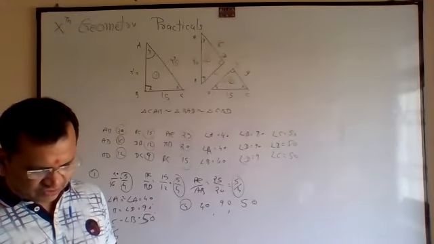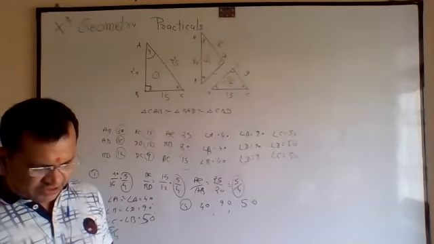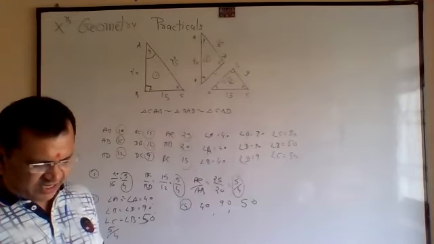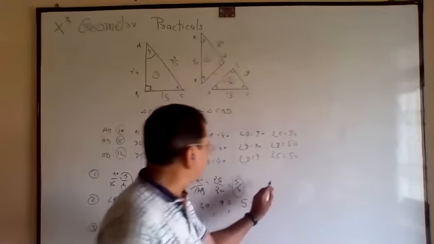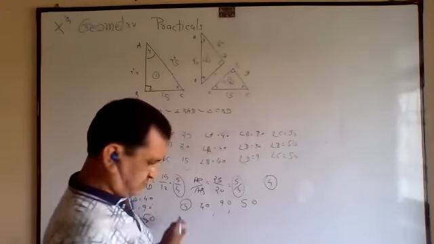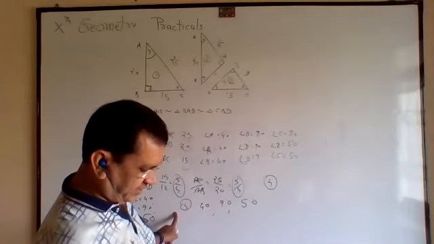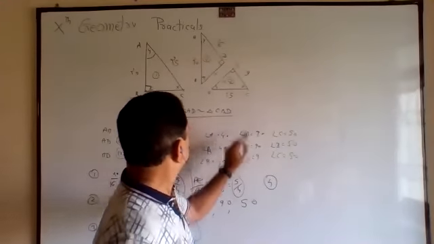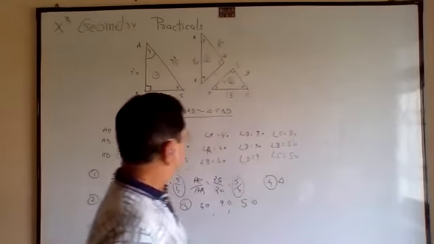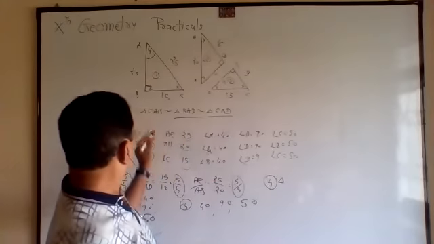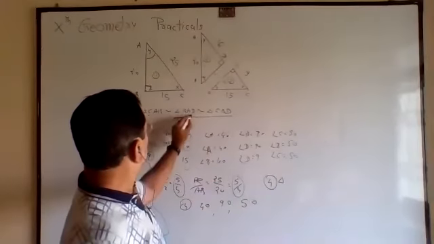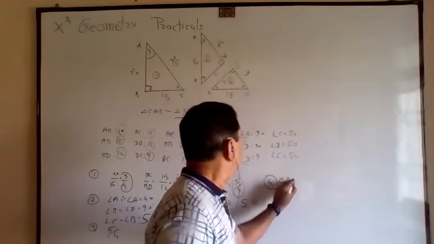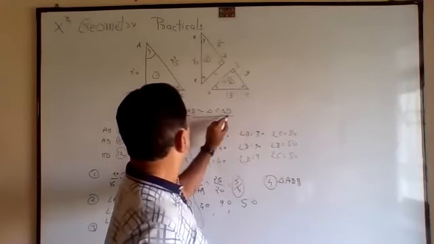And last, triangle ABC is given. So after fourth answer, first part is this, second part is this. But they have given according to ABC, ADB, BDC.